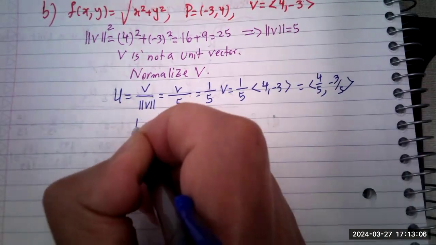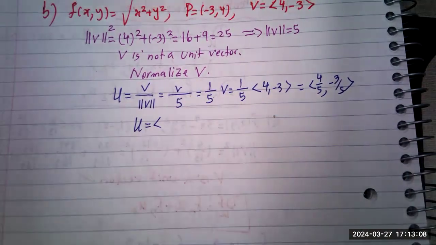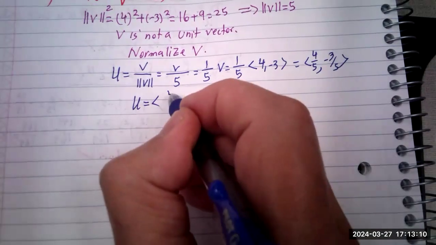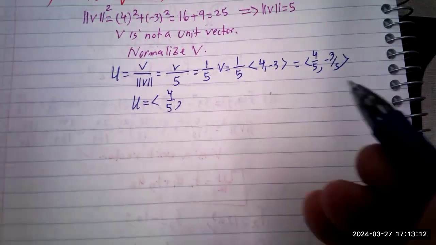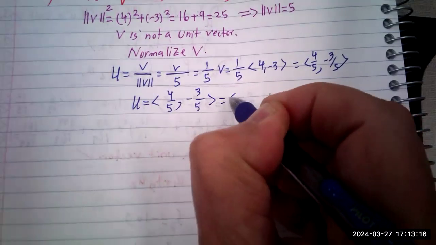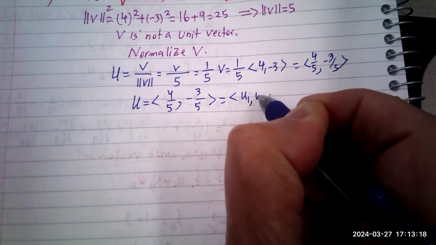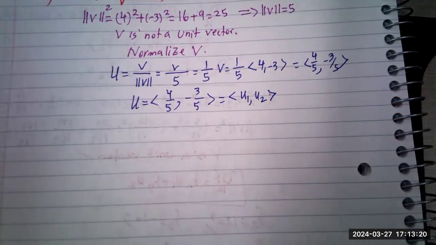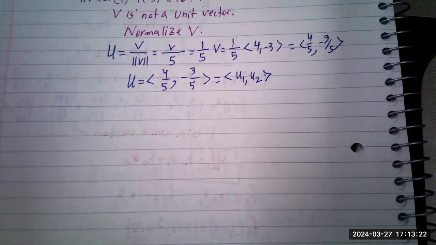So you have to use this one: u equal to 4/5, comma, negative 3/5. This is going to be your u1 and u2. So make sure you do it. The formula can be used only if you have a unit vector.